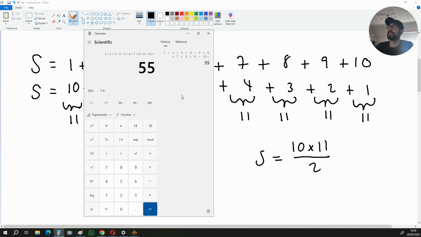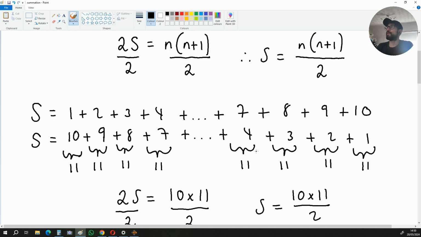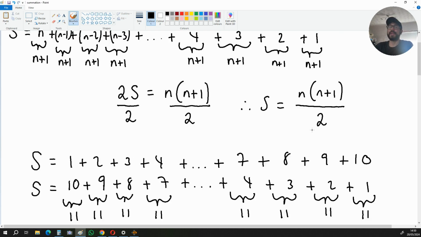But is 10 times 11 divided by 2 equal to 55? Let's try that out. 10 times 11 gives us 110. We divide that value by 2, and we get 55. So that's a real-world example of this formula, and that's why it works.